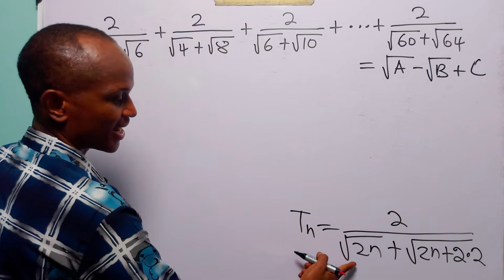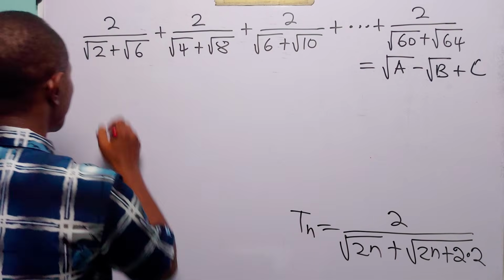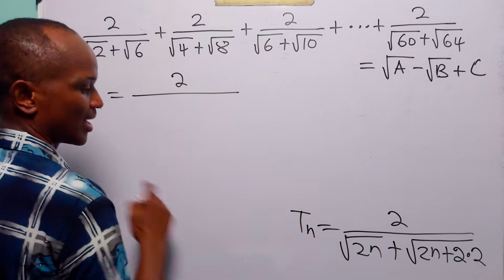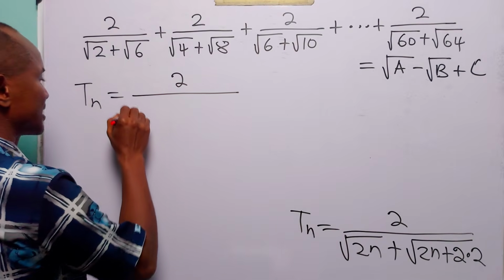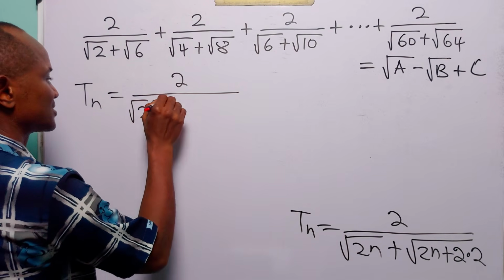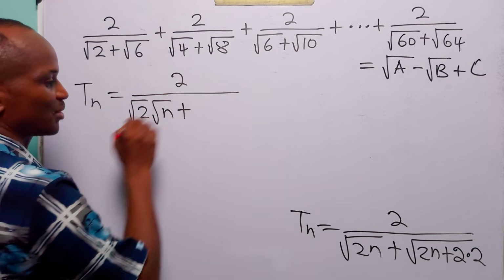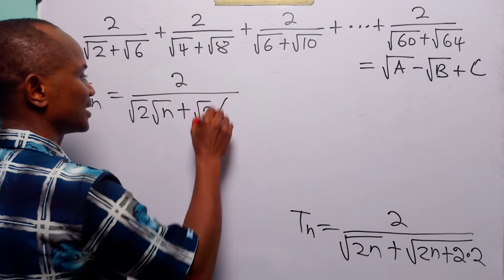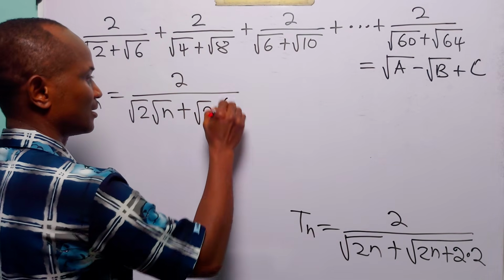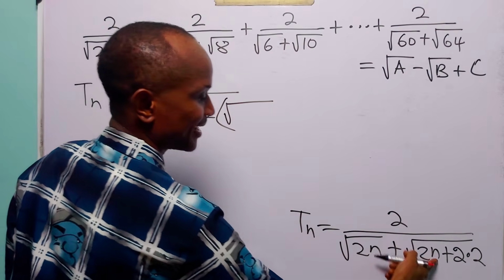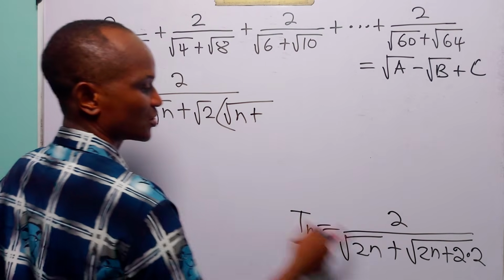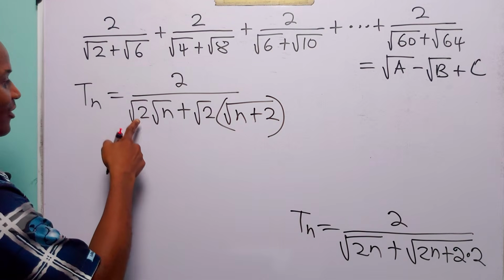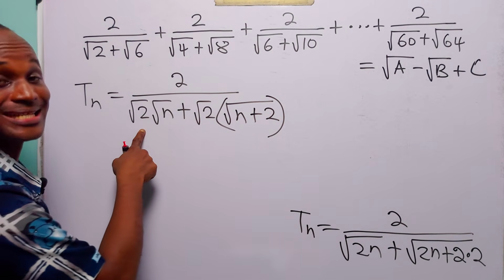Now, let us factorize the denominator. We have that Tn is equal to 2 over, this can be written as root 2 times root n, plus this can be written as root 2 times root n plus 2. And of course, now we have a common factor in the denominator.